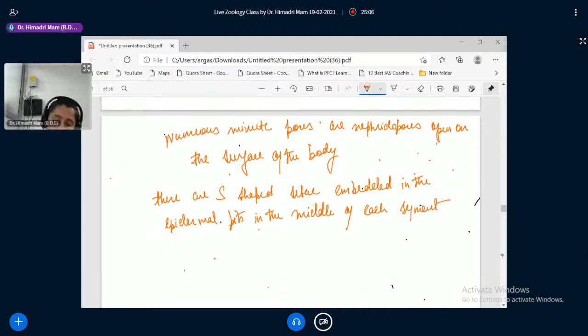Right. Now, what do you understand by the term setae? That is, they are the structures which provide friction.